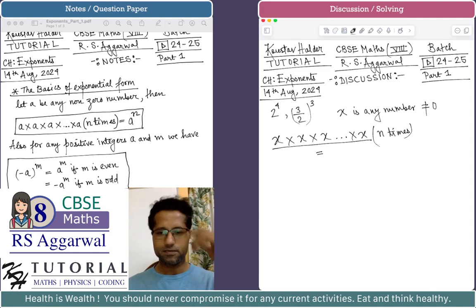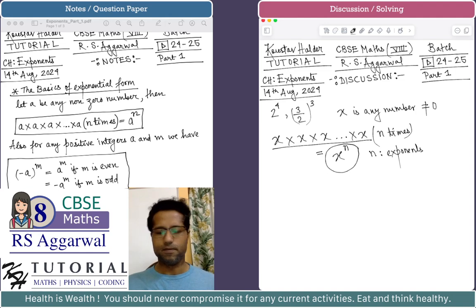We are multiplying x, a non-zero rational number, n times. So as a shorthand we use the notation x to the power n. This is the exponential form, where n is known as the exponent. This is the very basics of exponential form.